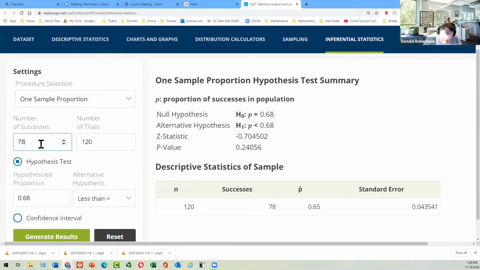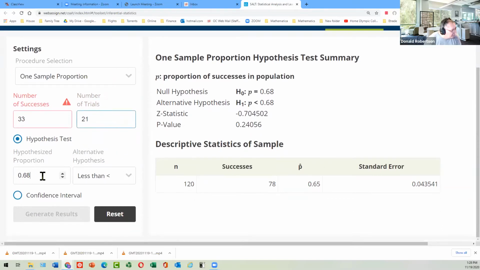So we have 33. Out of those 33, 21 were in the age group, the younger age group. We want to see, is it different, not equal to 70%?